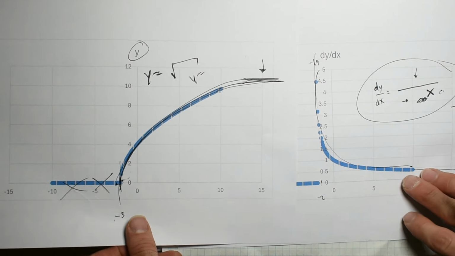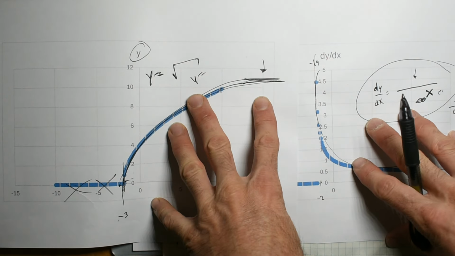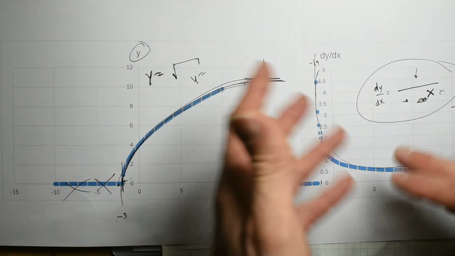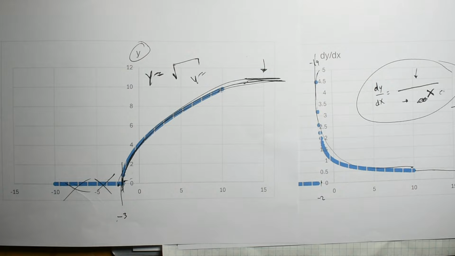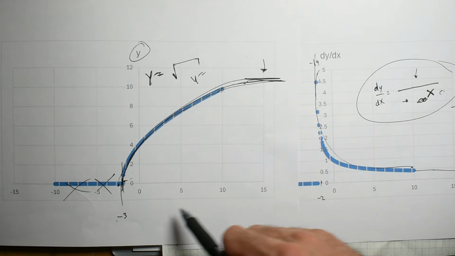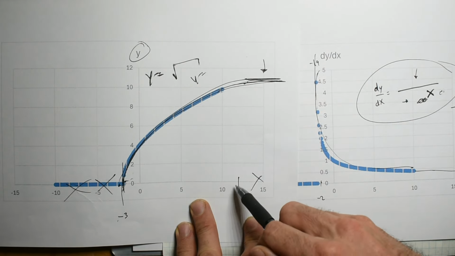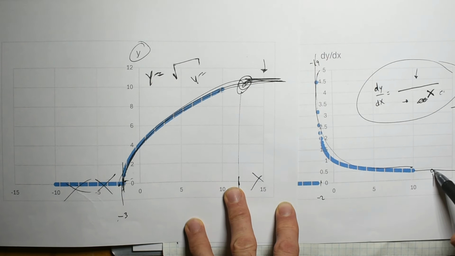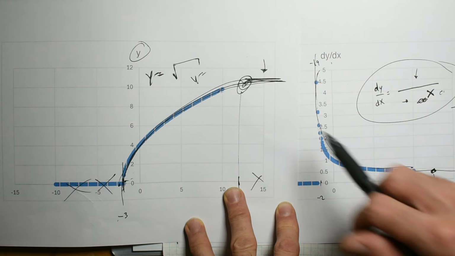And then I can use these two graphs and the numbers associated with them to solve a lot of different problems, because any x input has a y value, and that same x input has a slope. So I can find the derivative at that point.